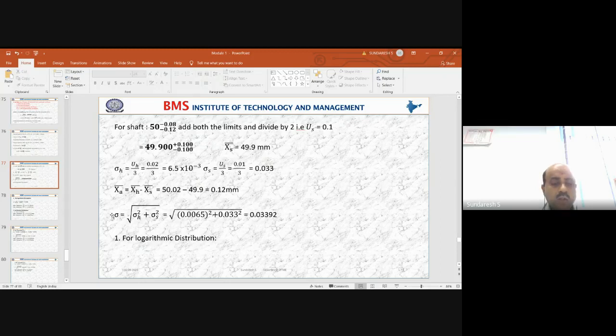So this is for calculating the sigma value. So you are going to get, please make a note of these things, 0.12 millimeter. Then we can get sigma, which is the square root of sigma H square plus sigma S square.